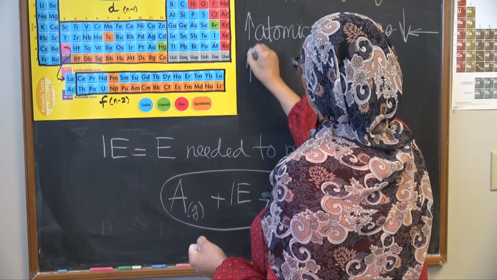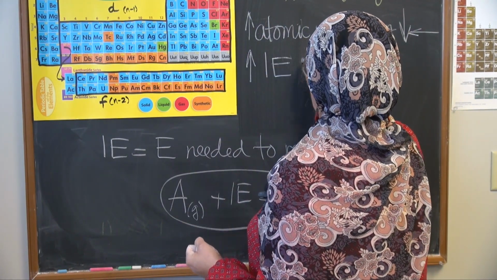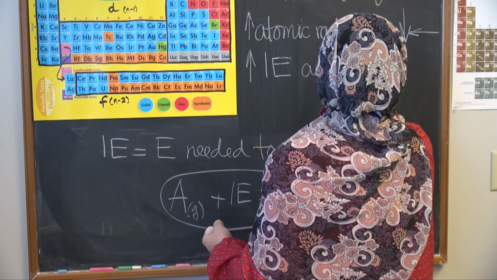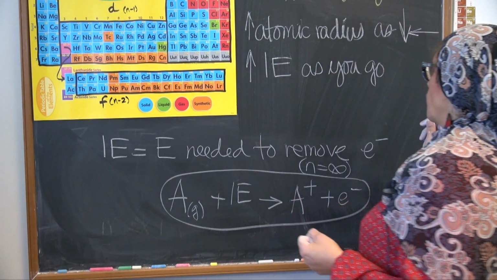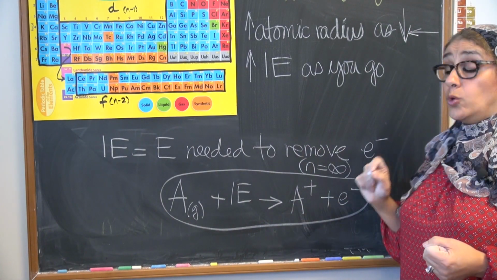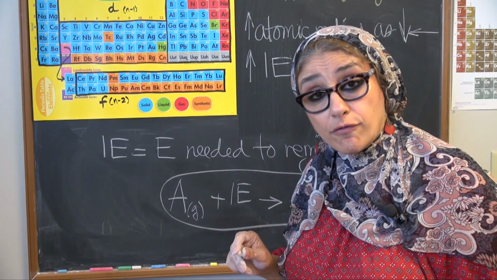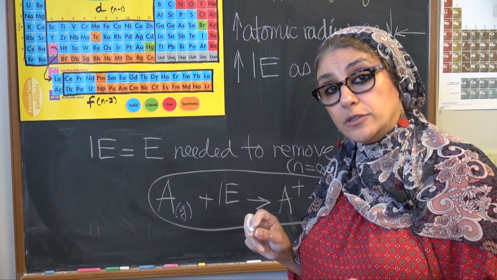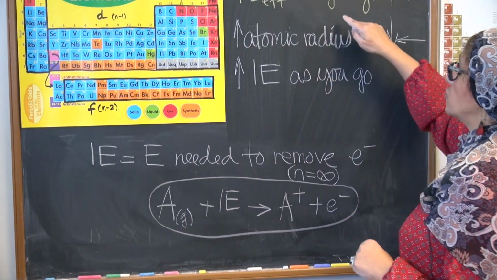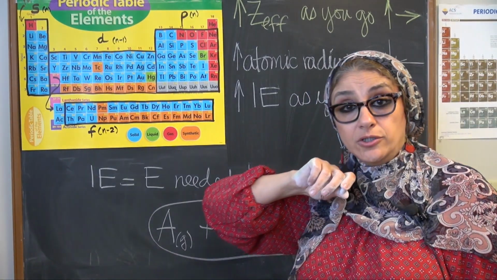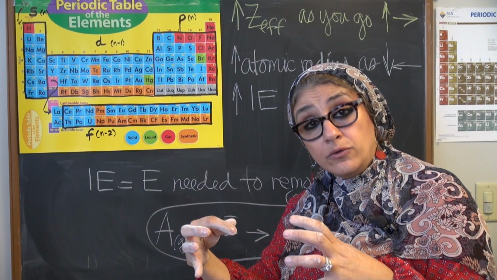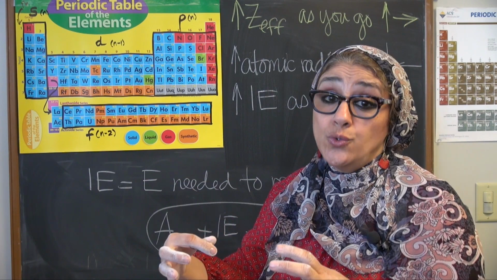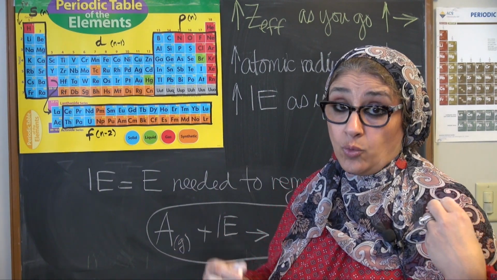So we're going to have increasing ionization energy as you go which way? What's holding the electron that you have to overcome is the effective nuclear charge. The stronger the effective nuclear charge, the more tightly the electrons are held by the nucleus, the more energy you have to put in to take them away.